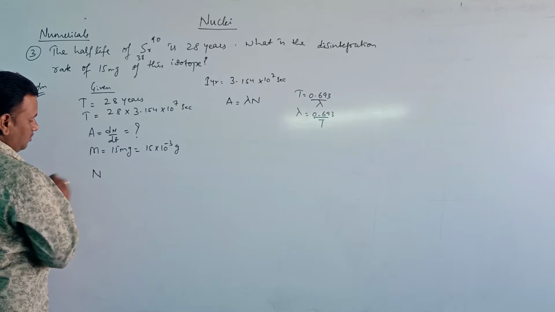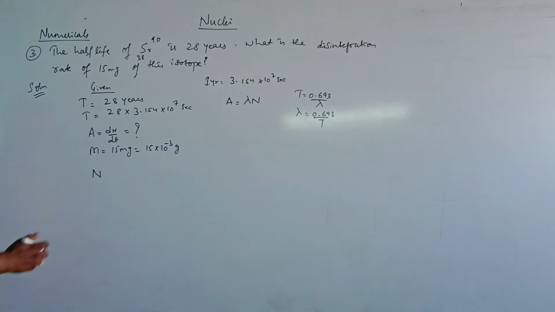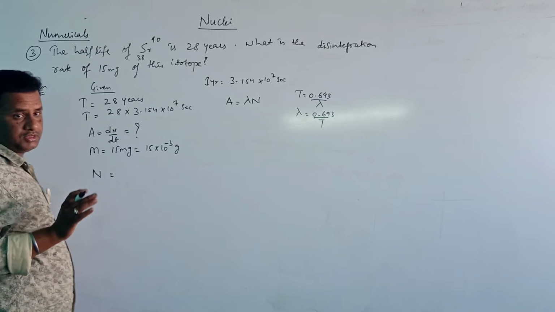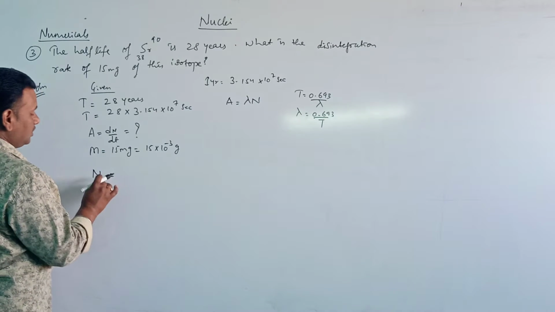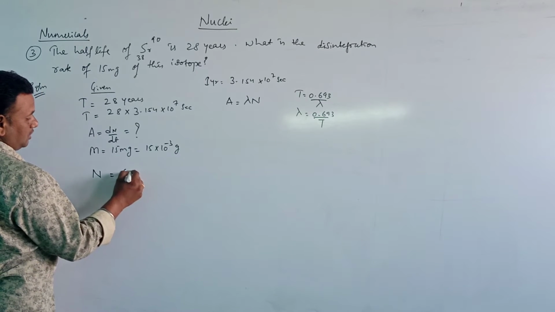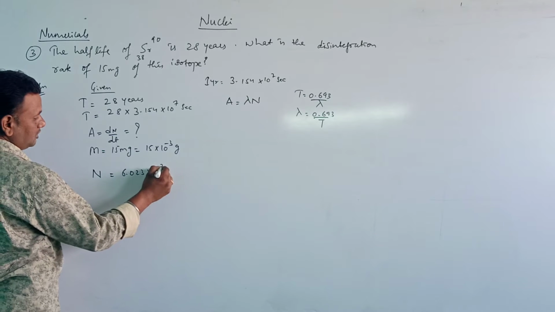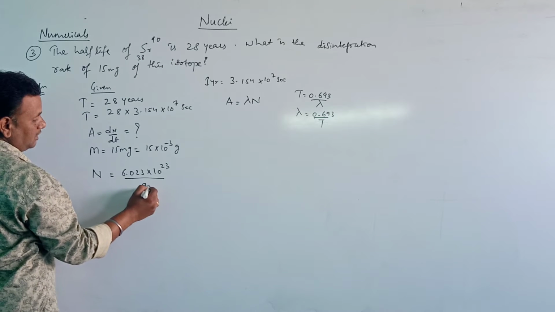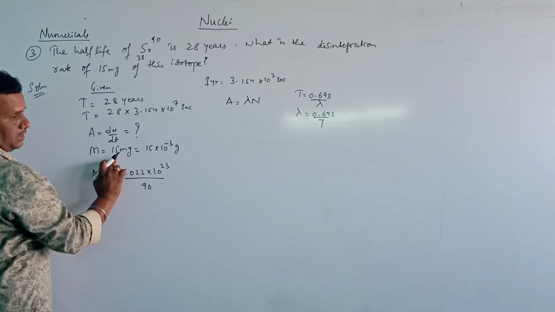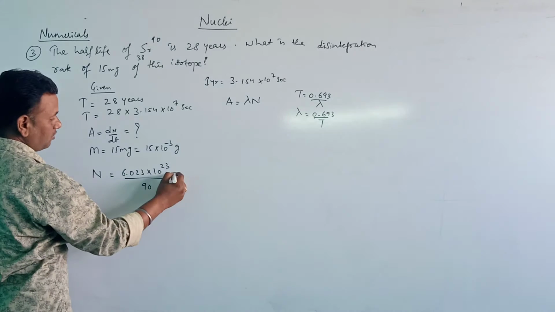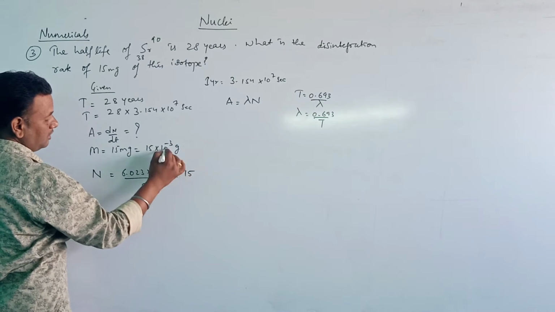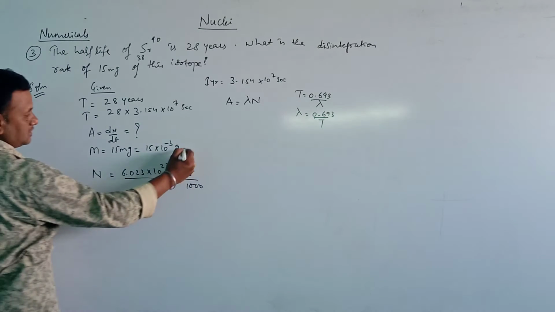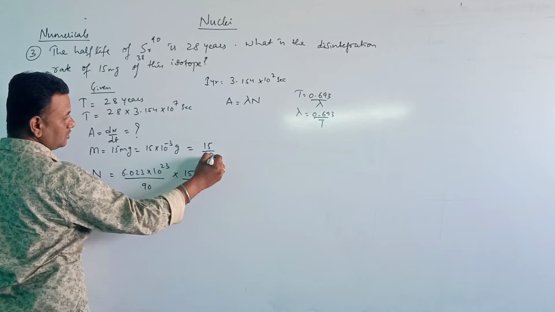So let us find the N value. Here N is the number of atoms. So N is equal to 6.023 into 10 to the power of 23, the Avogadro number, divided by the mass number, which is 90, into the mass, which is 15 milligram, that is 15 divided by 1000.